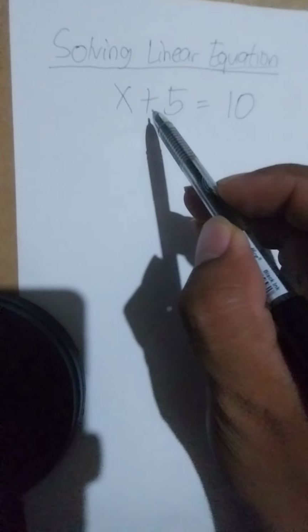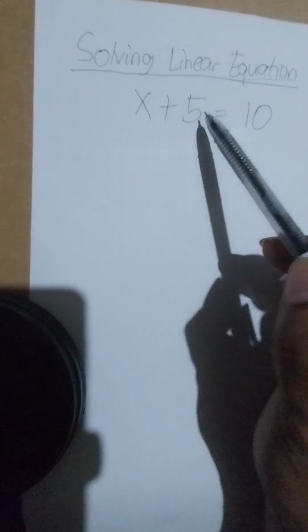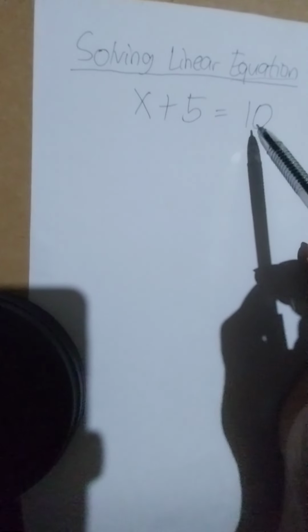Based on the general definition, an equation consists of two sides, the left and the right. Whatever the value of this side is, it should be equal to this side. Let's say for example in this equation, we have x plus 5 equals 10.